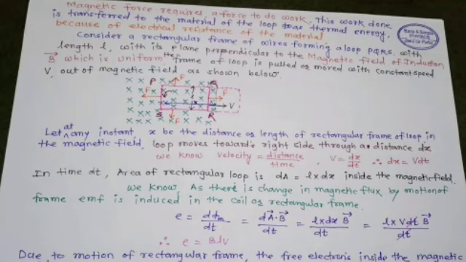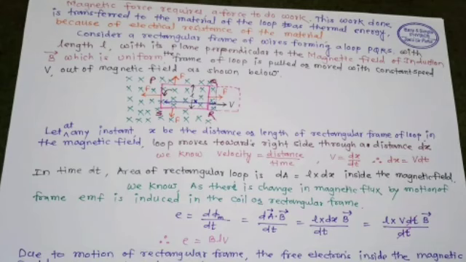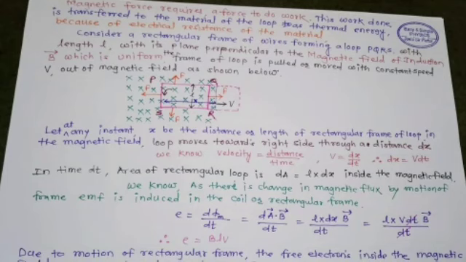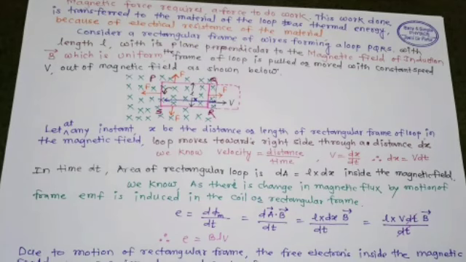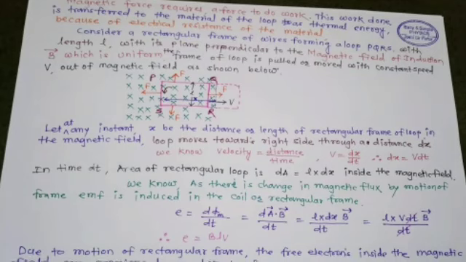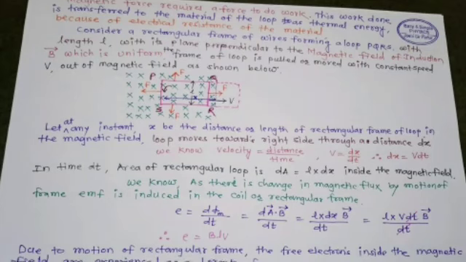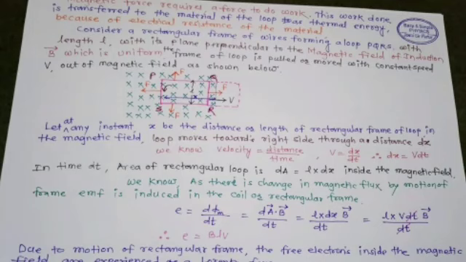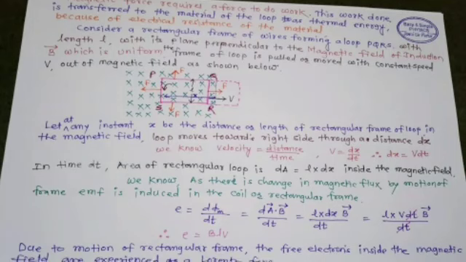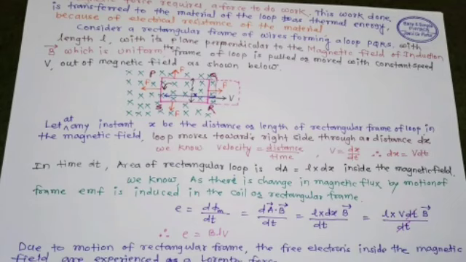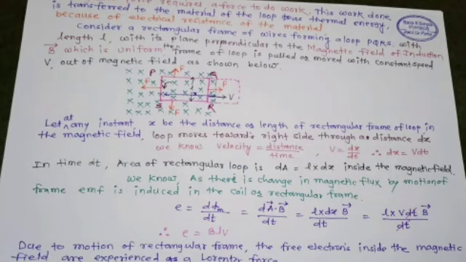Let us consider a rectangular frame of wires forming a loop PQRS with length L, with its plane perpendicular to the magnetic field of induction vector B, which is uniform. The frame or loop is pulled or moved with constant speed V out of the magnetic field as shown below.